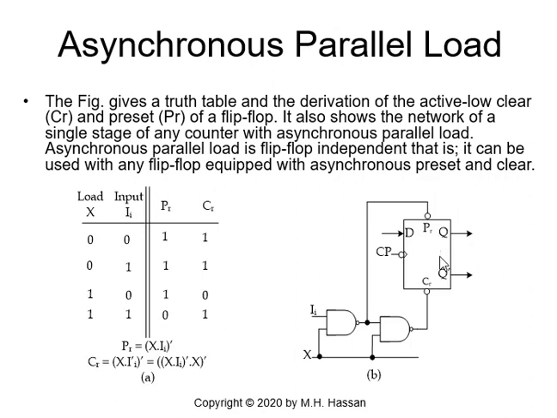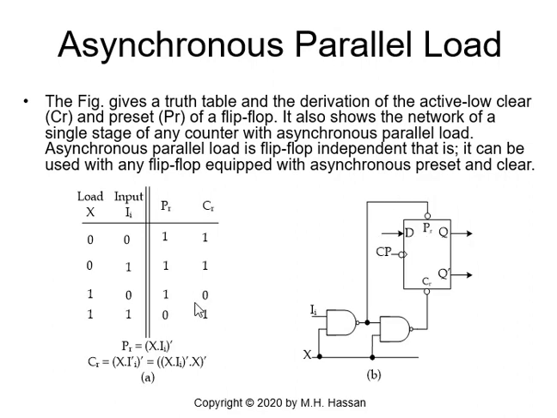So the preset, as you see here, is X I prime, because if you simplify for the 0, you get X I prime. And this is the preset. So it is a simple NAND gate: if X and I go to a NAND gate, this gives me the preset.